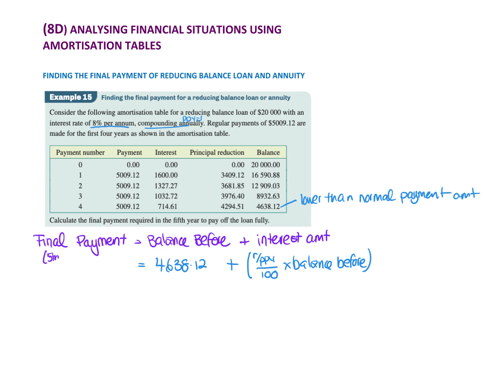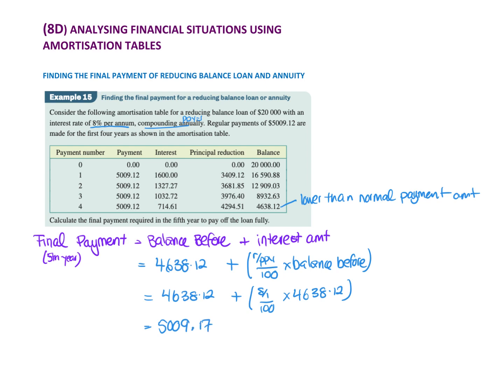I'm going to write that total again, but now with the actual figures: 8% per annum over 100 times the balance before, which is 4638.12. When you do that, you end up with $5,009.17.